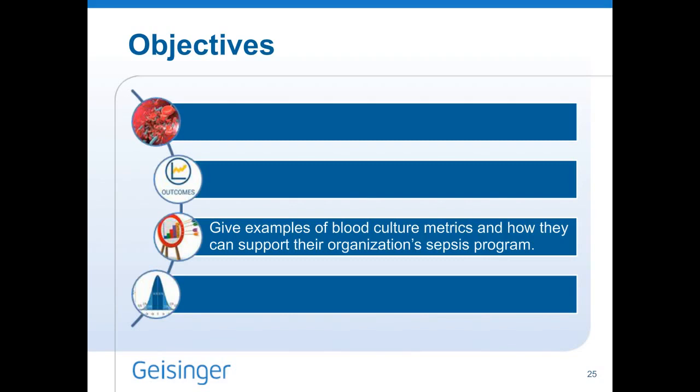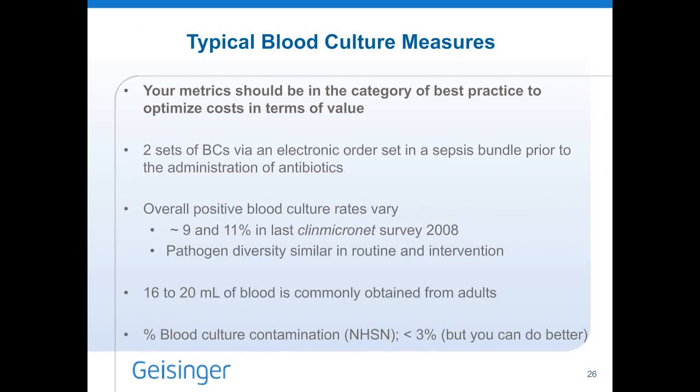Now, your typical blood culture measures in microbiology, we have a couple of categories of best practice things that most labs monitor: collecting 2 sets of blood cultures prior to the administration of antibiotics. Your overall blood culture rates might be monitored, and based on the last ClinMicroNet survey in 2008 that we took, the median was around 9 to 11% positive.